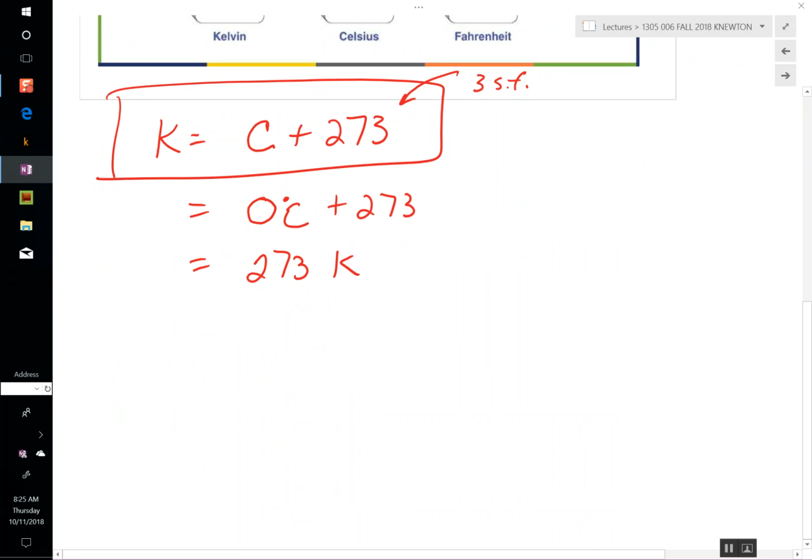I mean, the questions should be convert 45 centigrade to Kelvin. That would be a legitimate question. Convert 45 degrees centigrade to Kelvin.